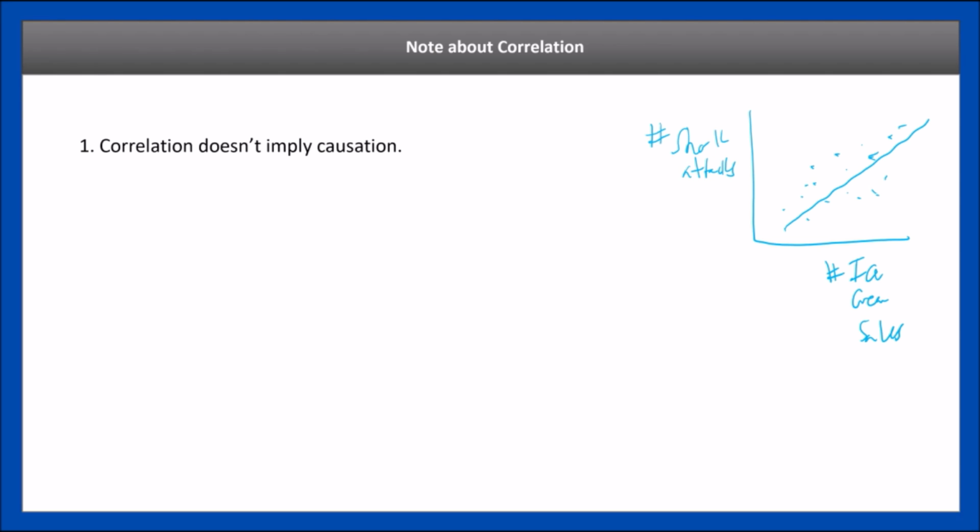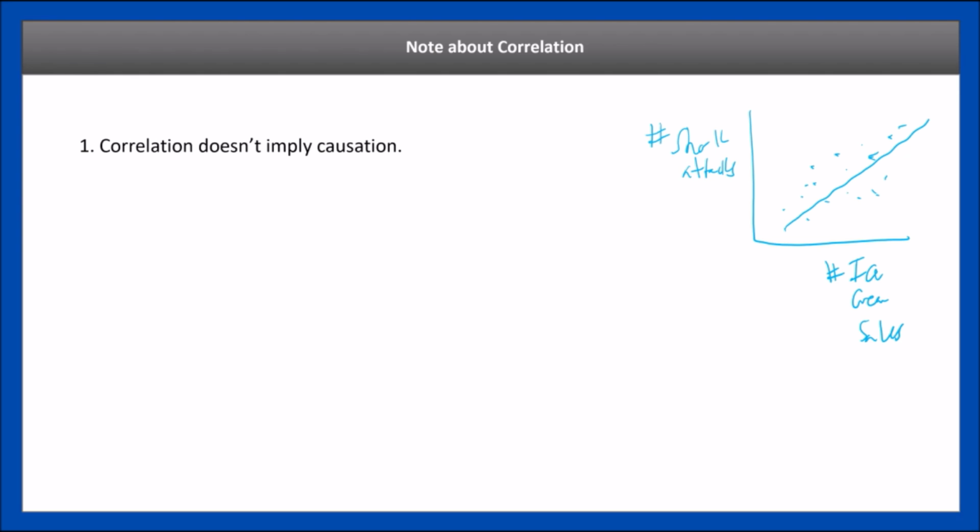Let's just say we have a graph that looks like that. Does this mean that the ice cream sales caused the increase in the number of shark attacks? The answer is, of course not. And vice versa, the number of shark attacks didn't necessarily cause an increase in ice cream sales.